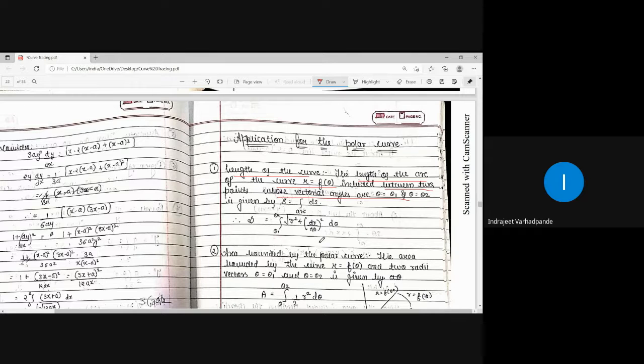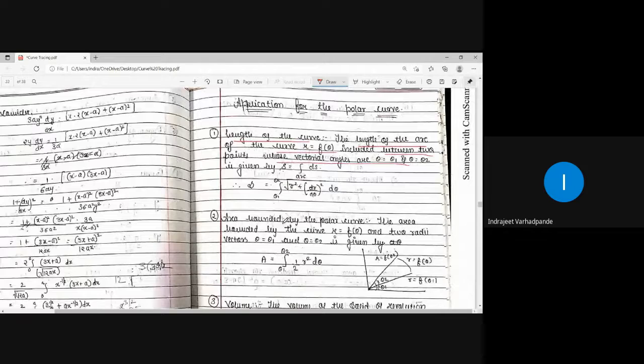Always keep in mind that in Cartesian we had under root of 1 plus dy by dx whole square, integrated with respect to x because the curve is usually taken as y in terms of x. Here the curve involves a function of r as well as theta, and therefore the integration is done between theta 1 to theta 2 under root of r square plus dr by d theta whole square d theta.